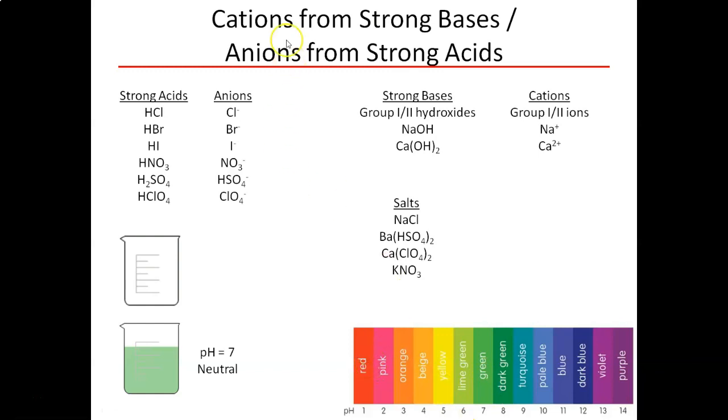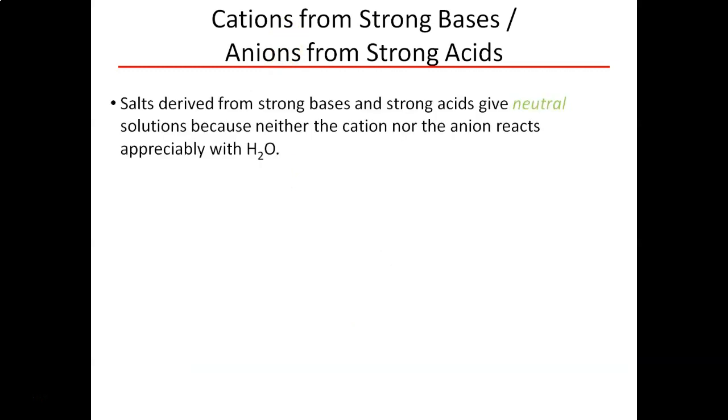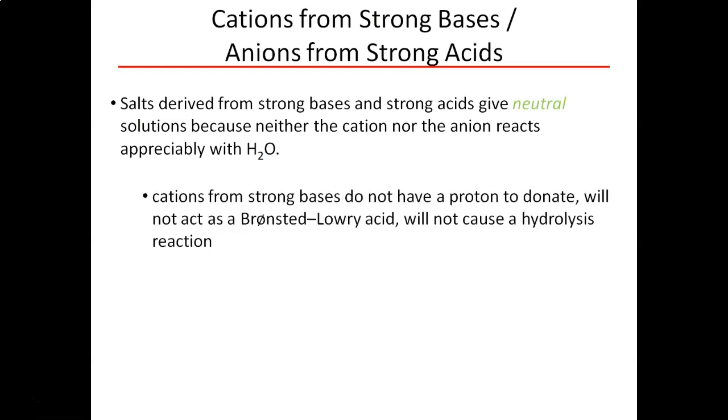So what this tells me is that these salts do not affect the pH of the solution. So the question is why? Well, salts derived from strong acids and strong bases give a neutral solution because neither the cation nor anion can react with water appreciably. So neither the cation of a strong base nor the anion of a strong acid cause a hydrolysis reaction.